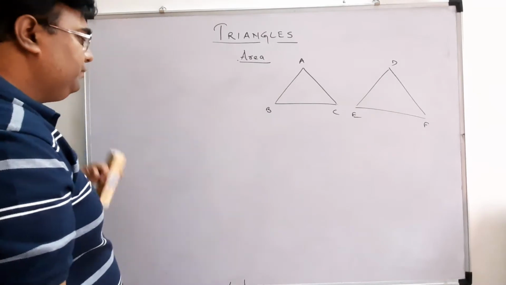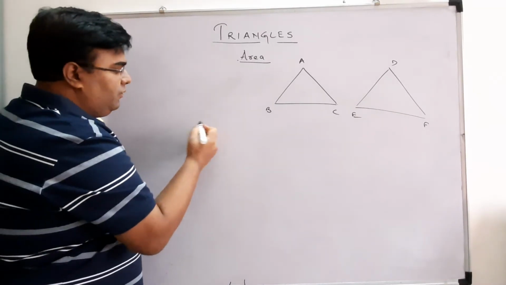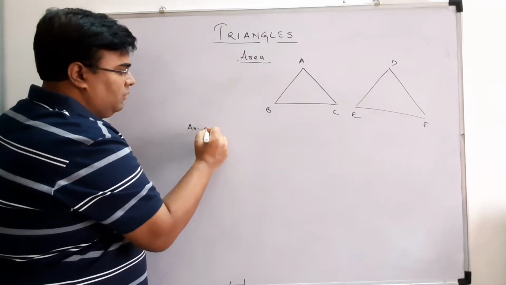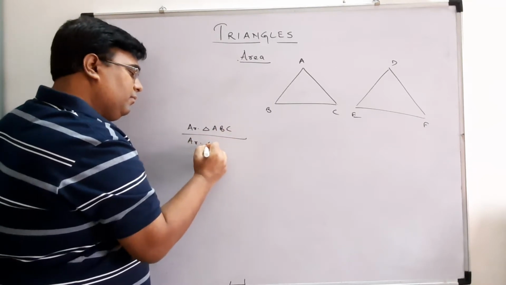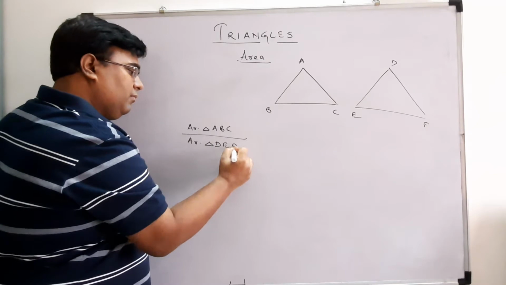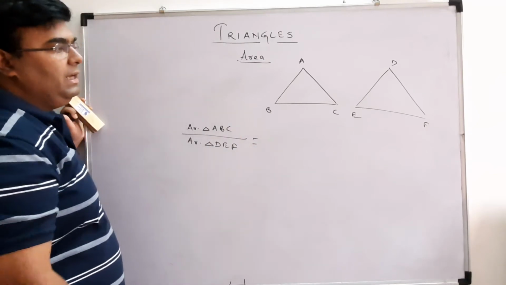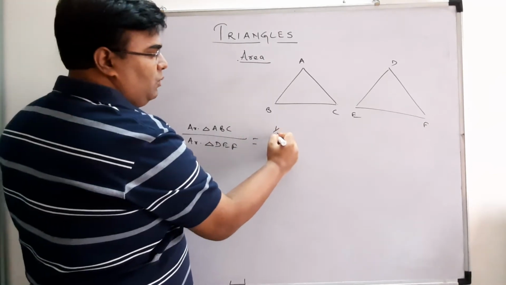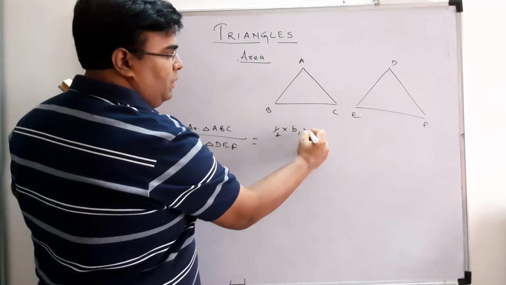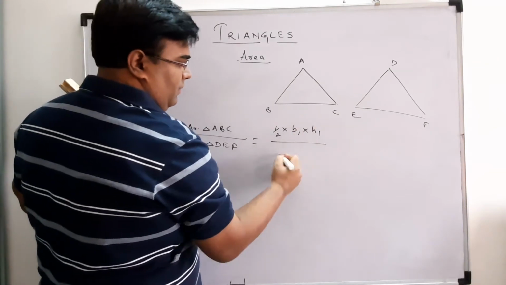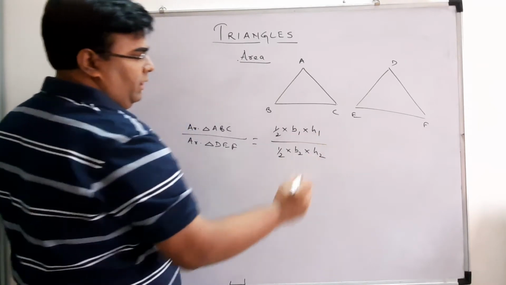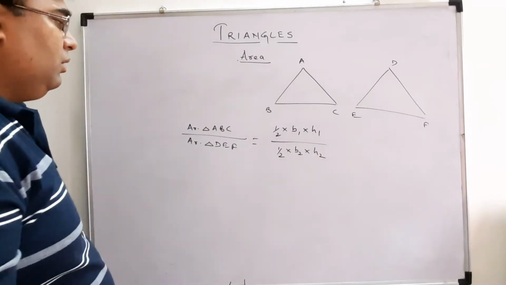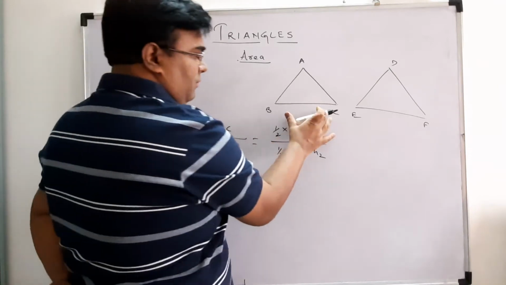So the ratio of areas of triangle ABC upon area of triangle DEF. Again, half base into height. Let's call it B1, H1, B2, H2.